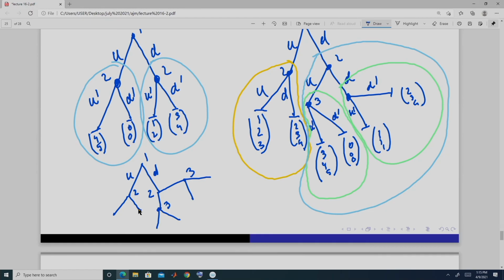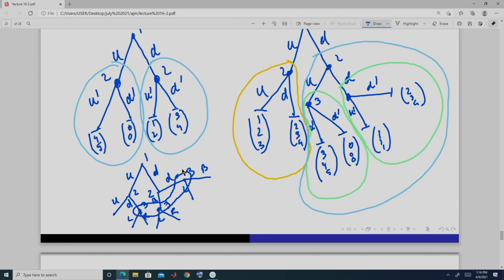Now suppose player 3 also moves here. Okay, player 2 always moves U and D. Player 1 moves L, R. So the game is something like this.